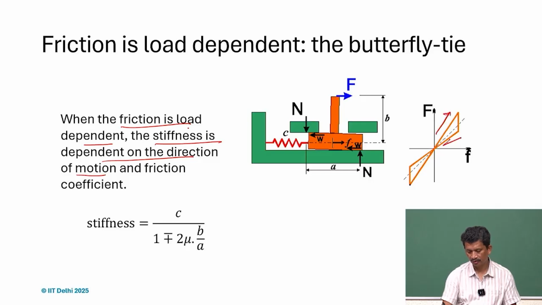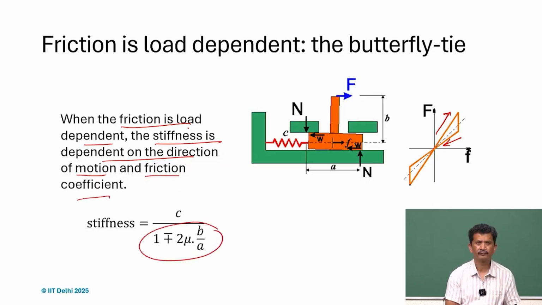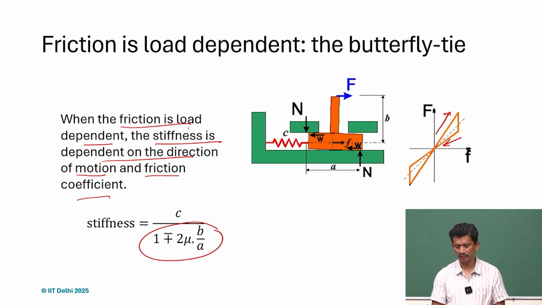As it's moving towards the right, it's steeper. As it's moving towards the left, it has a different value, and is also a function of the friction coefficient. So this is not constant but changing, and it happens when we are applying a force which is away from the guides.